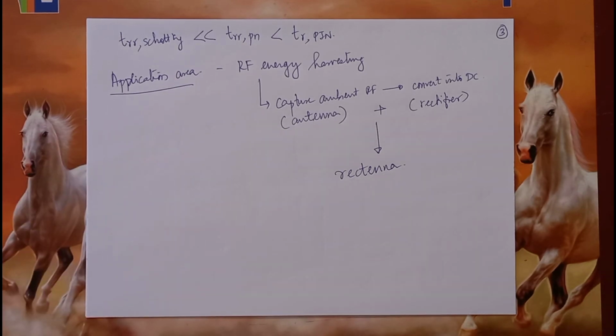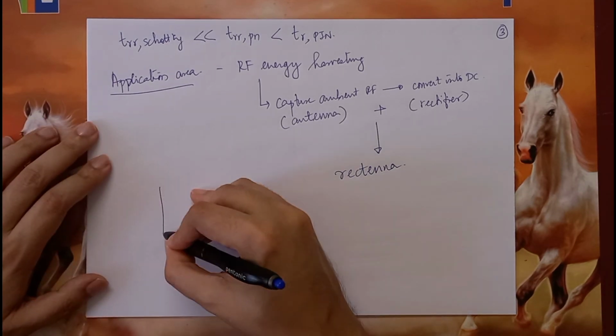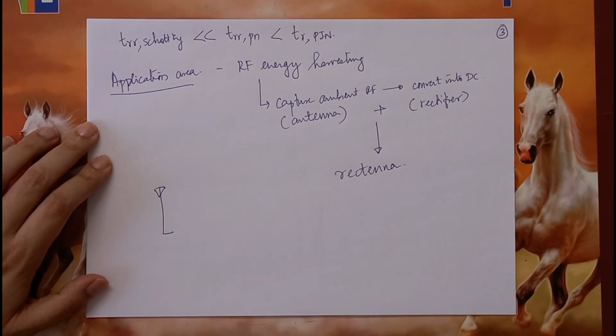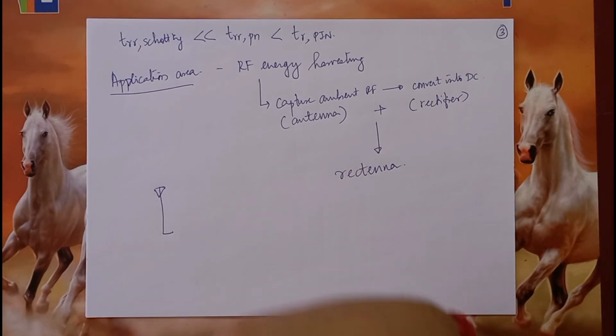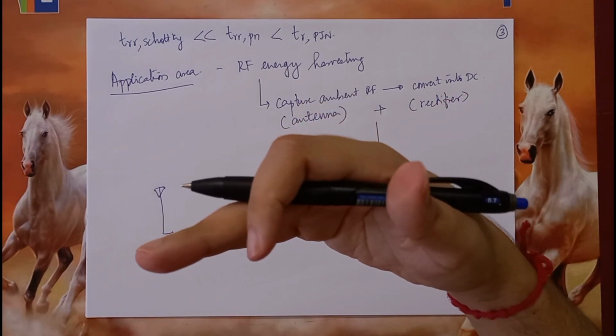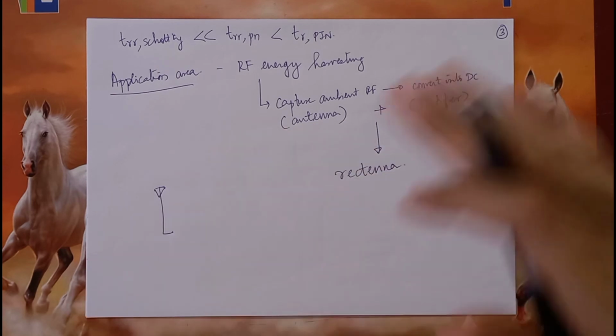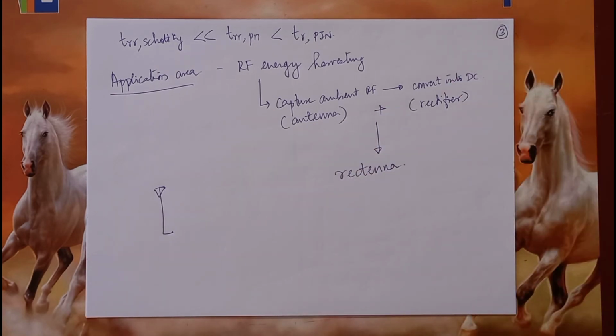Now, a very simple example of a rectenna is when you have an antenna and you add a rectifier with components that can convert the rectified signal into DC. And which components can convert the rectified signal into DC?